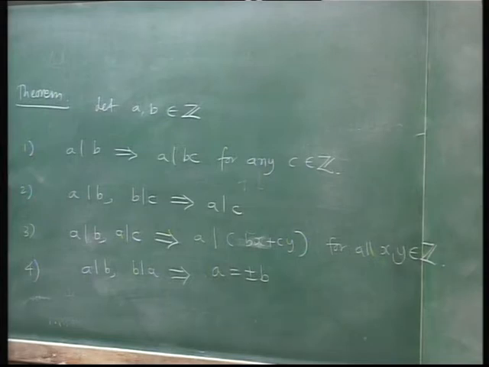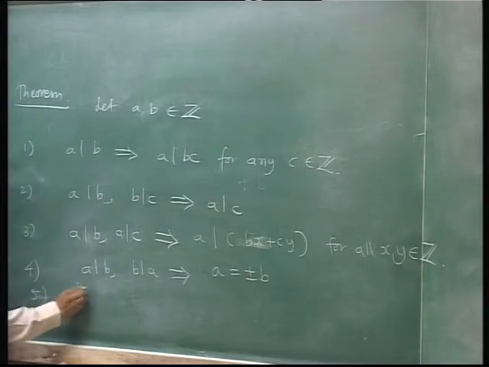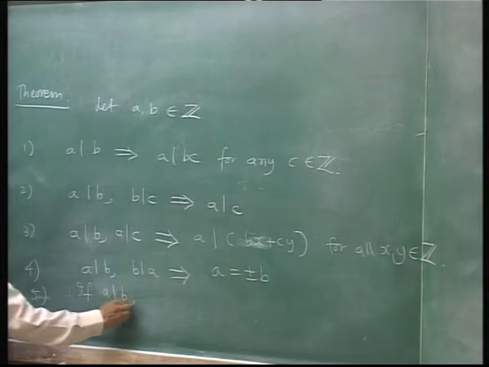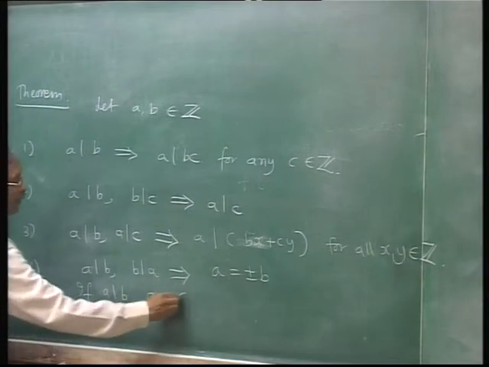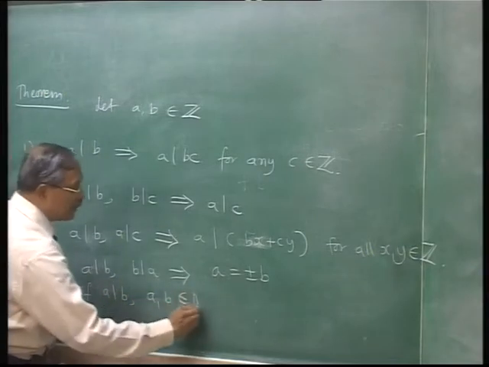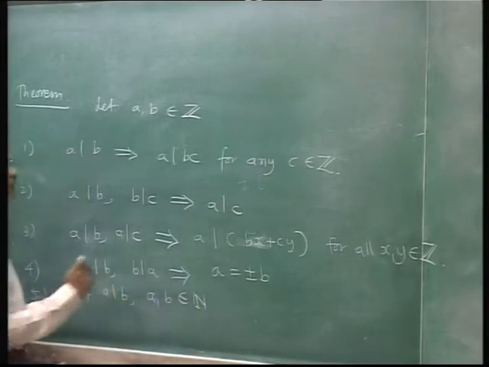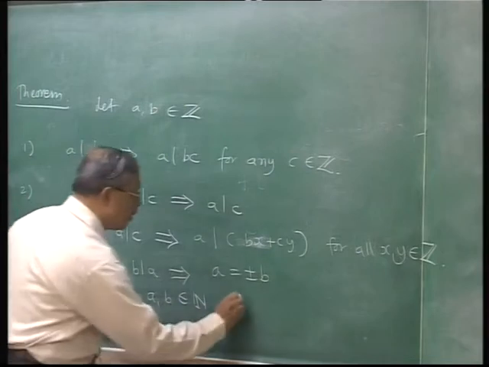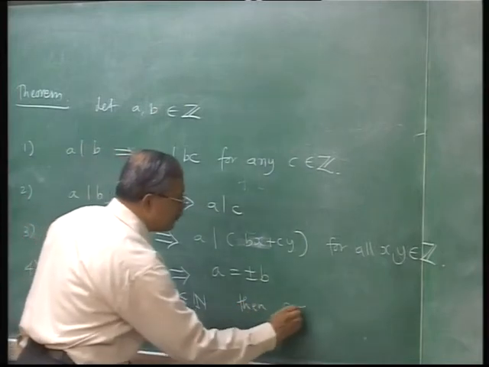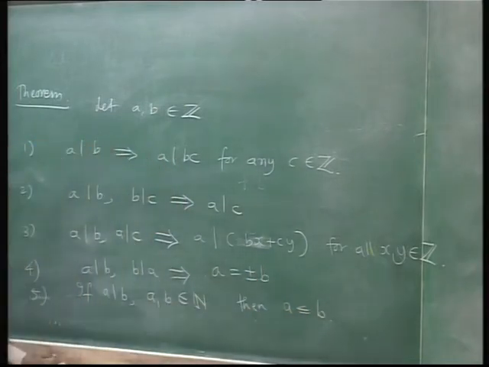Another property is, suppose a and b are natural numbers. If a divides b, where a and b are in the set N, then a is less than or equal to b.